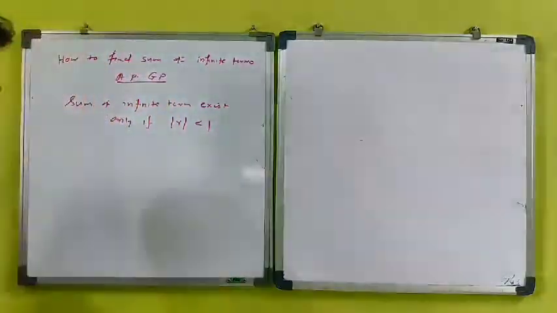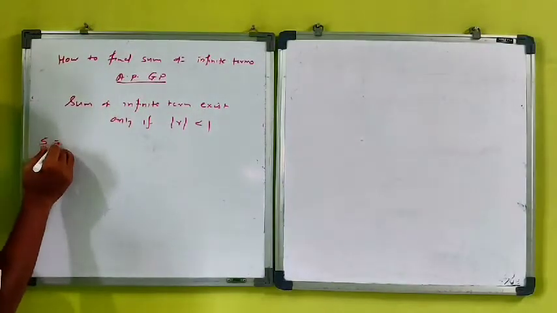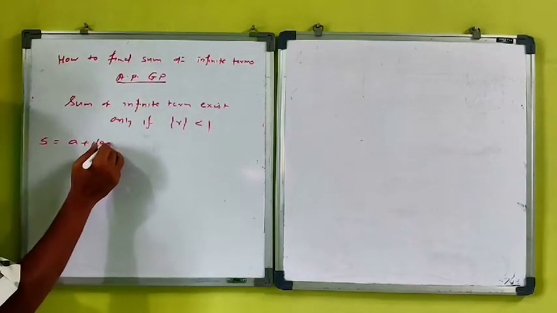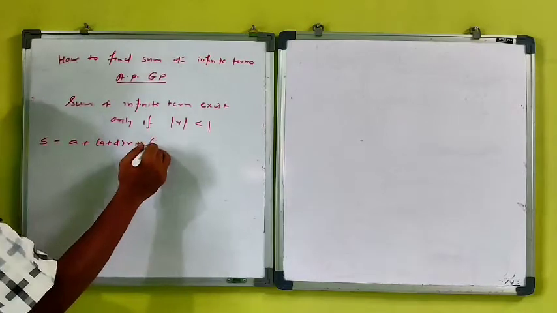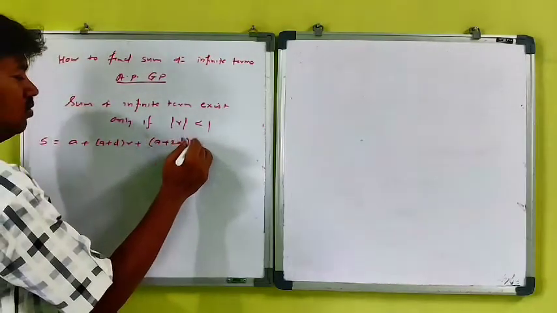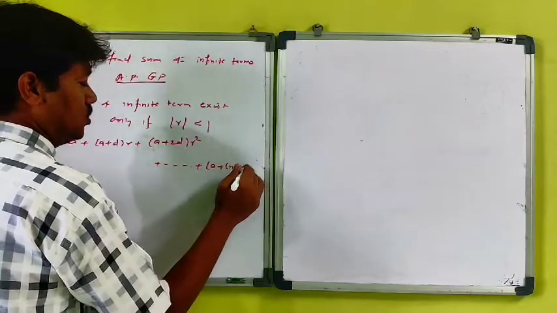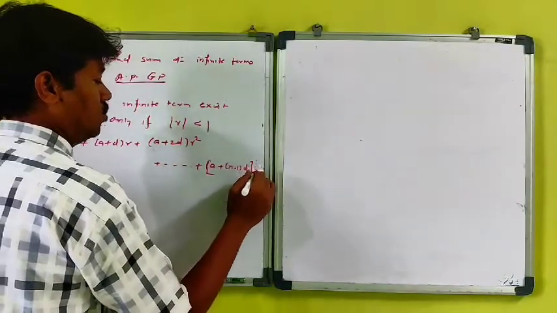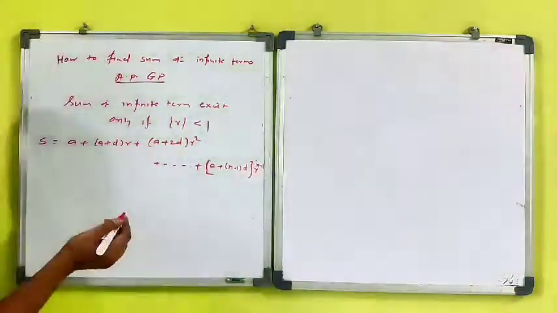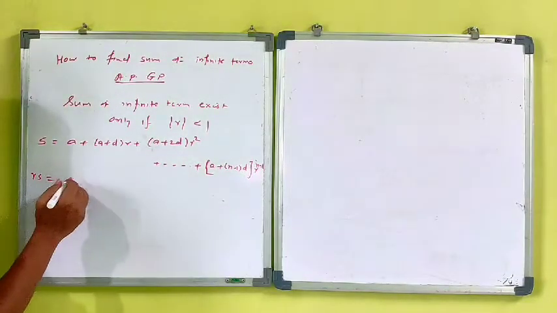In this case, suppose S is a plus d into r, a plus 2d into r squared, like this, up to a plus (n minus 1)d into r raised to n minus 1. We will go with the same procedure, multiply with r.